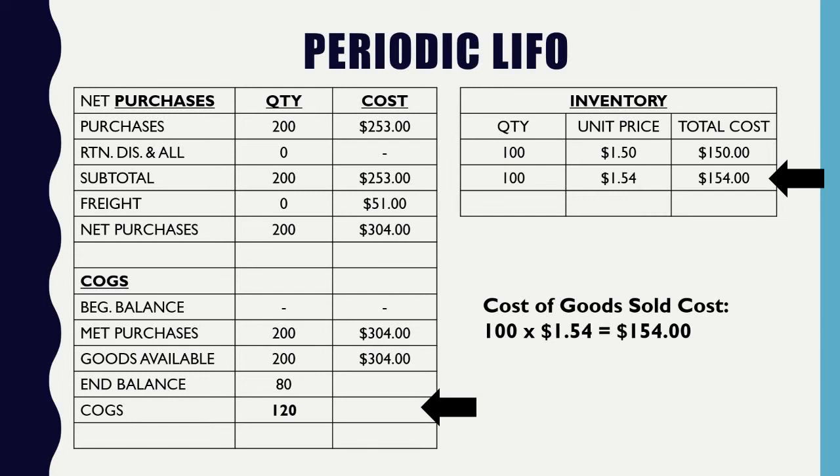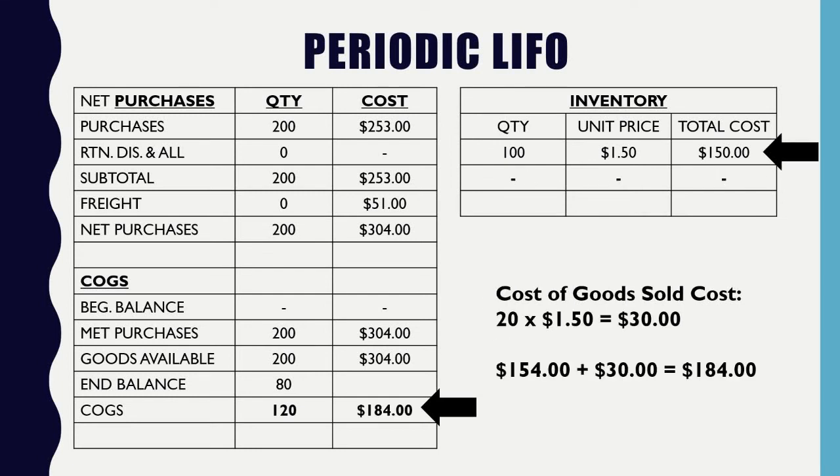In this case, the last batch that we purchased was the June 11th batch for $1.54. So right off the bat, I'm going to recognize that these 100 items for $1.54 are automatically going to be taken away. Now I only have 20 units left to sell, and I only have one batch left.